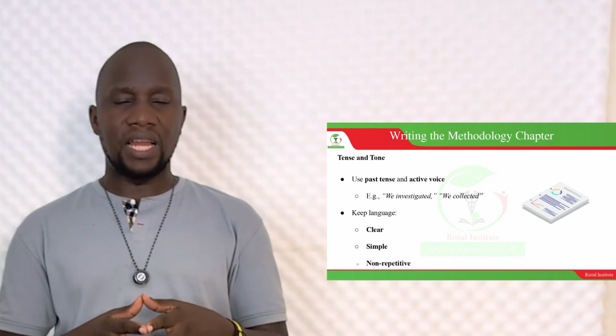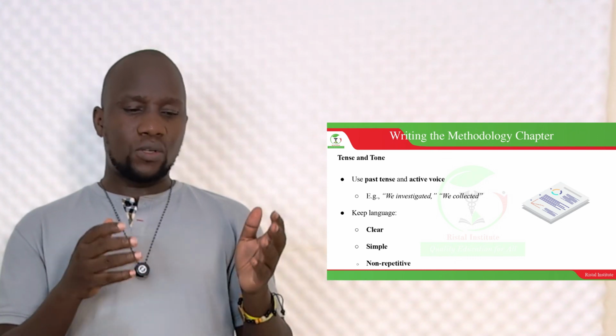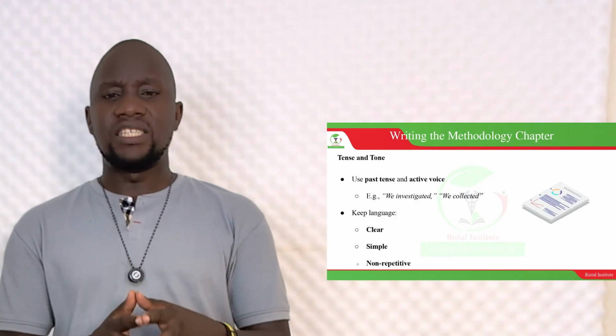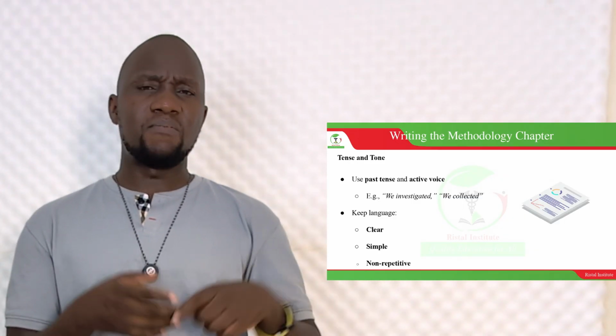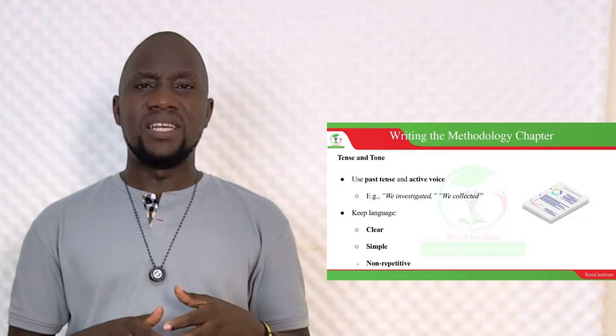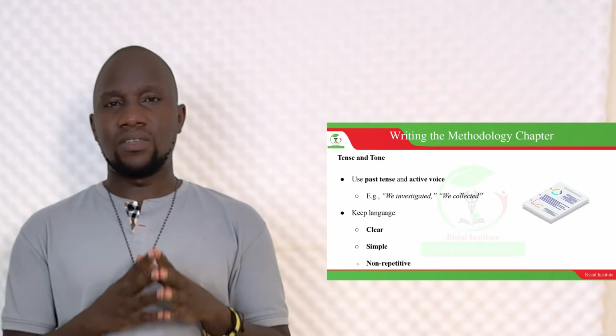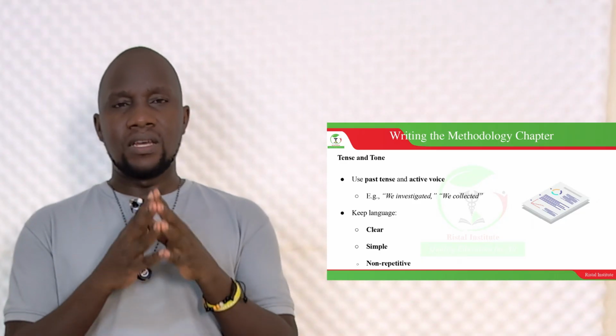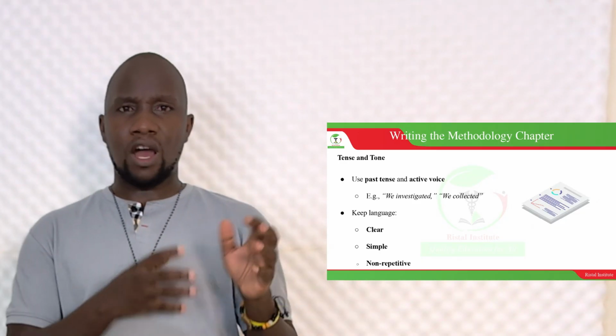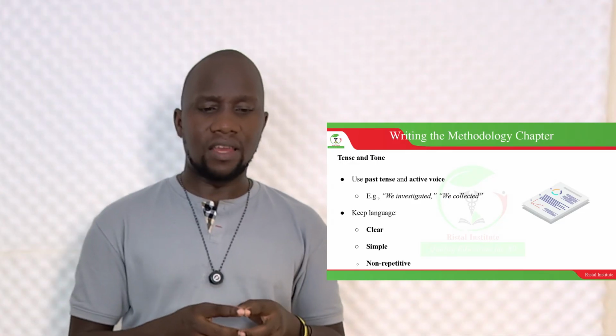We talked about this earlier on. Clear, concise, non-repetitive writing is what is actually required. That means that you need to structure your wording very clearly. And therefore, if you're reading a research report or research article, please pay attention to how people are writing their things.